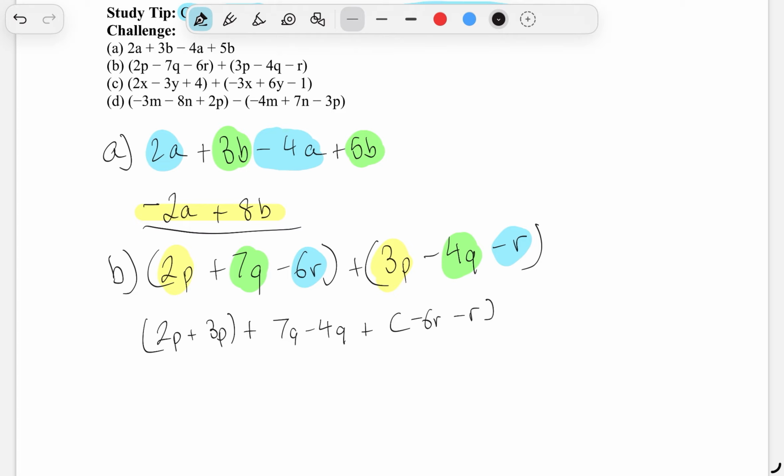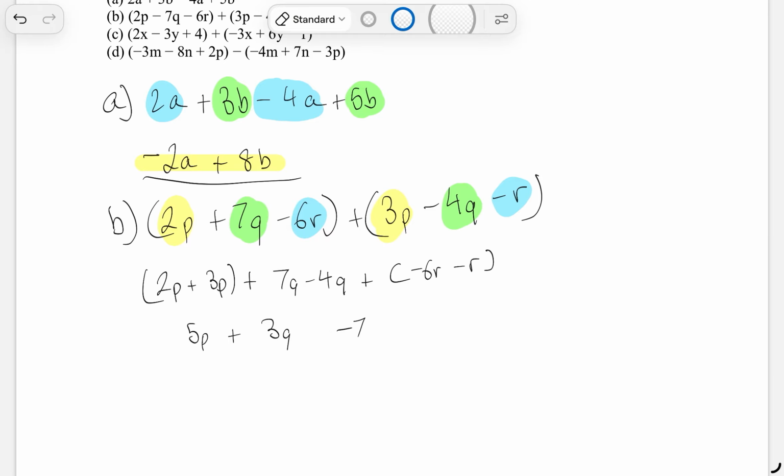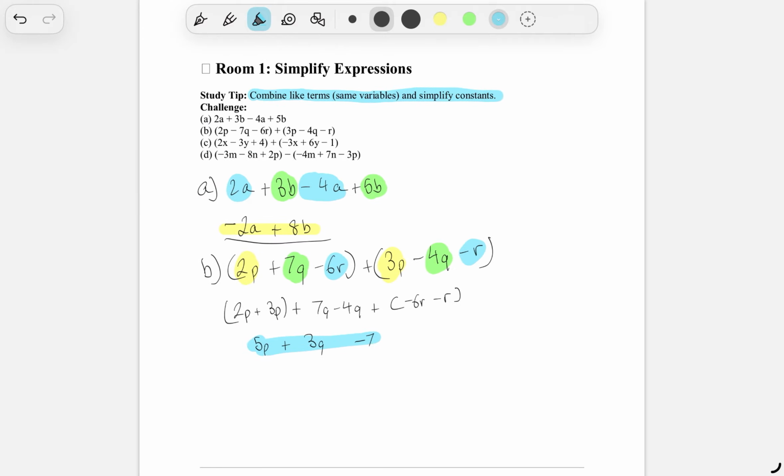So we're just going to add these two, which gives us 5p, plus 7q minus 4q, which gives us 3q, plus minus 6r minus r, which will give us minus 7r, plus minus 7r. That would mean just subtracting 7r, not adding. So our answer to B is this. That's as much as you can simplify it.